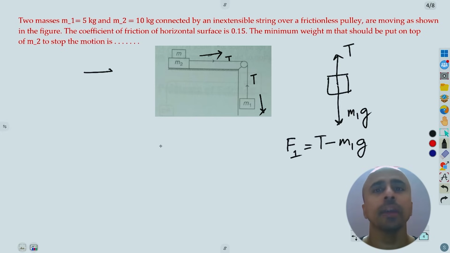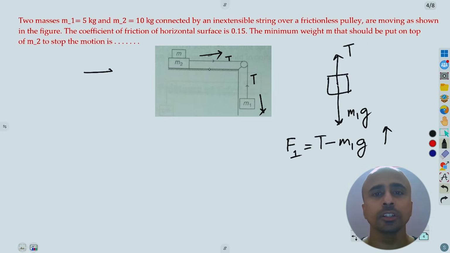I am just writing the magnitude, only the scalar part. So the force is T minus m1g in the upward direction. And for this one we have tension in this direction, and we also have a friction.